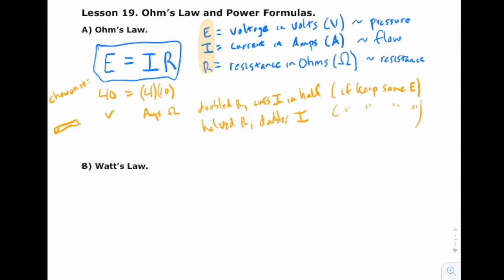I want to show you something cool. You can represent this formula in a nifty way that you may have seen before in a different electrical context, a book, another class, whatever.